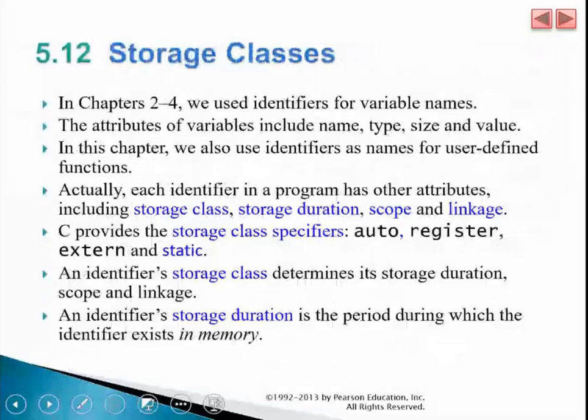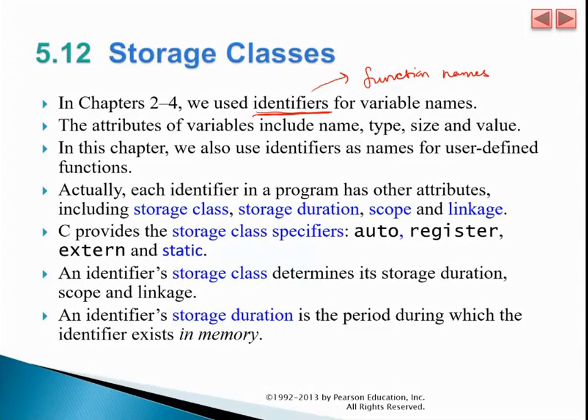Now let me move to another topic of today's class, which is storage classes. What are storage classes? We have till now discussed identifiers, and for us, identifiers are actually variable names. But identifiers are also function names, variable names, and many other types of names.